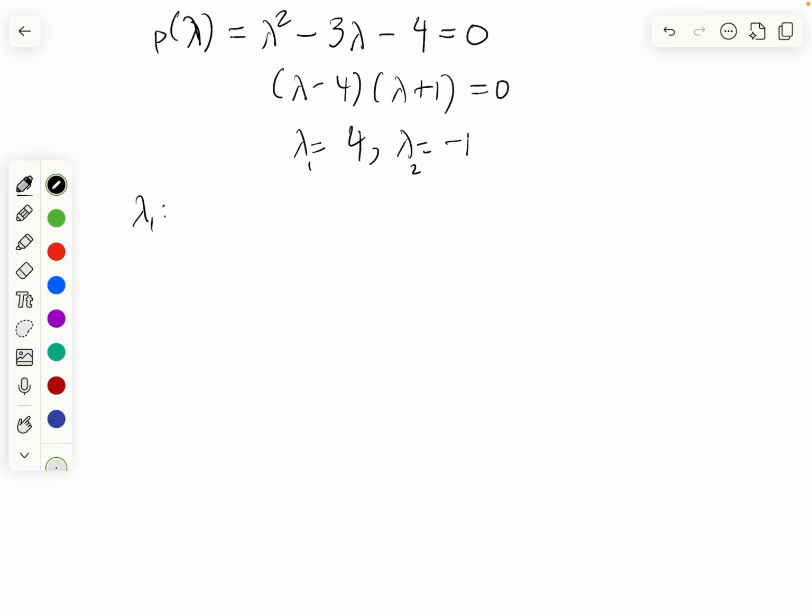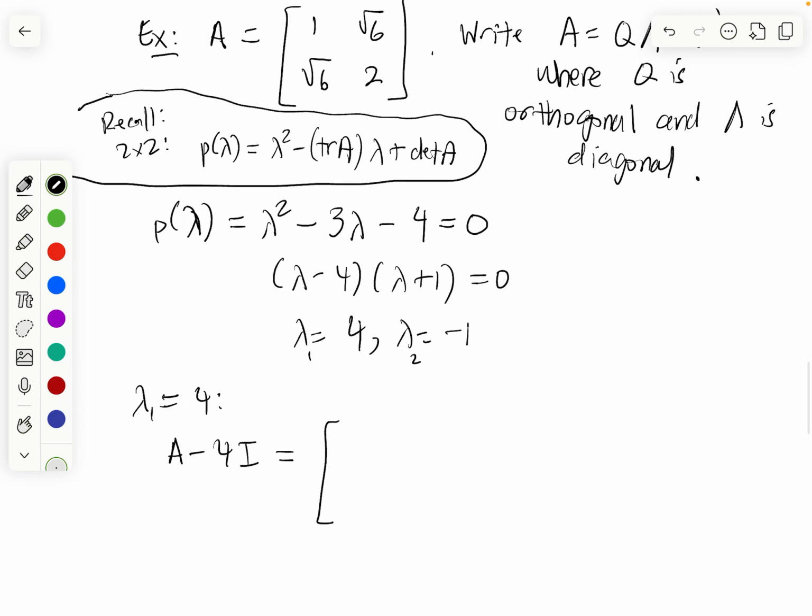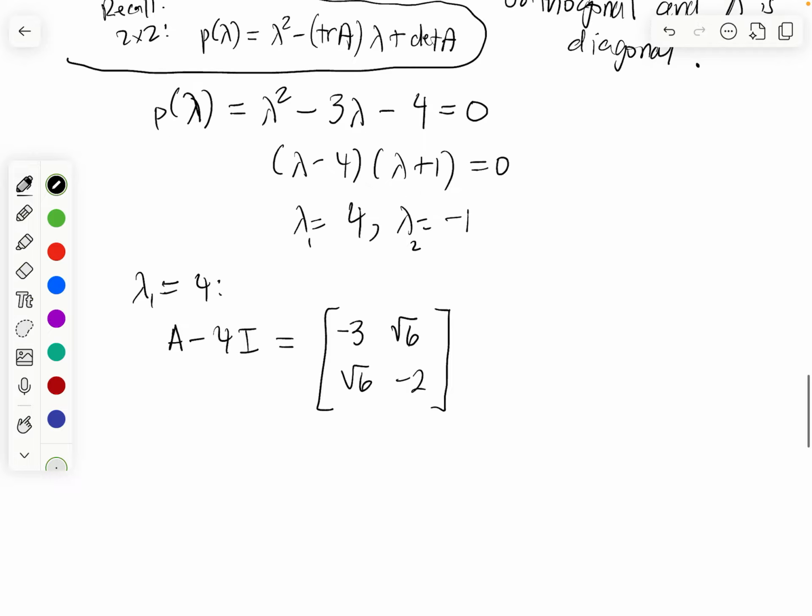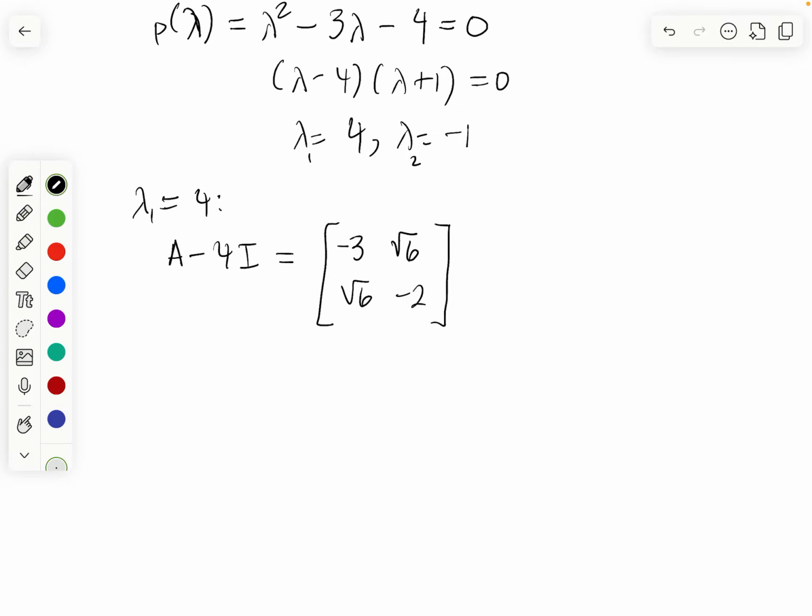For lambda 1, which is 4, we want to do A minus lambda I, so that's A minus 4I. You just subtract 4 on the diagonal, so you get negative 3, root 6, root 6, negative 2. And remember what's special about this matrix: if you have an eigenvalue lambda and you do A minus lambda I, that matrix is not invertible.